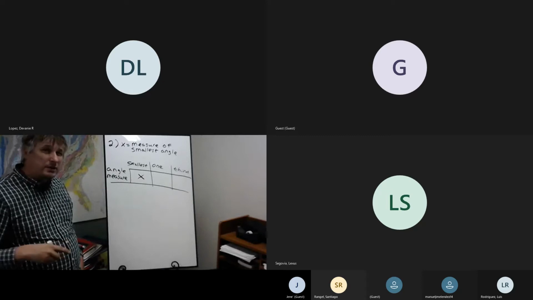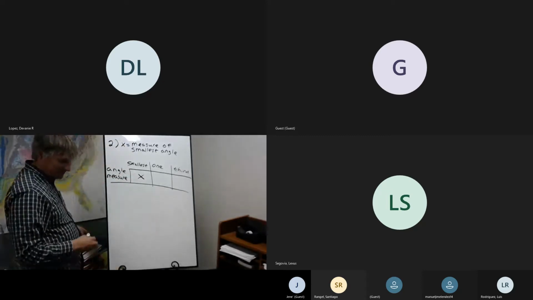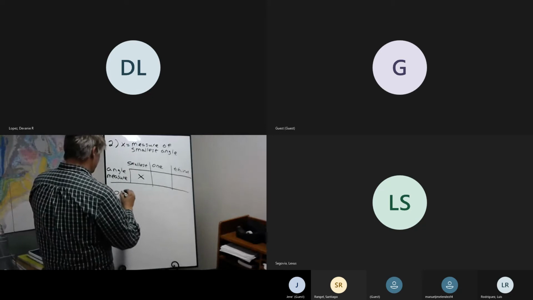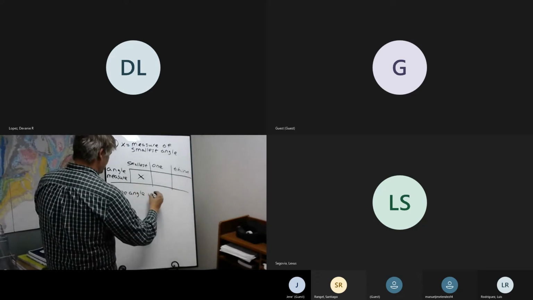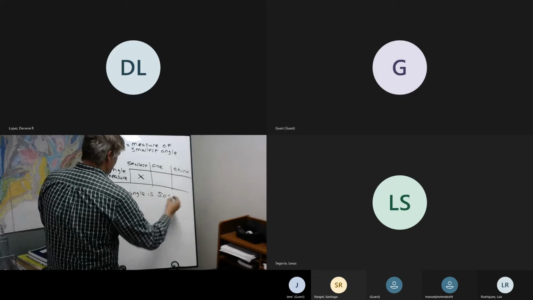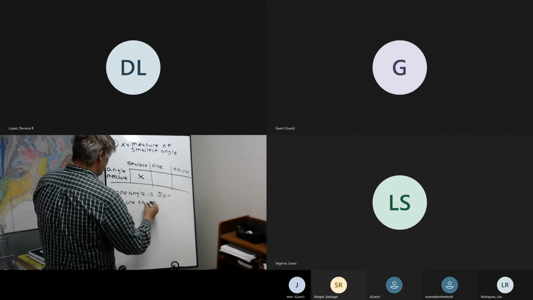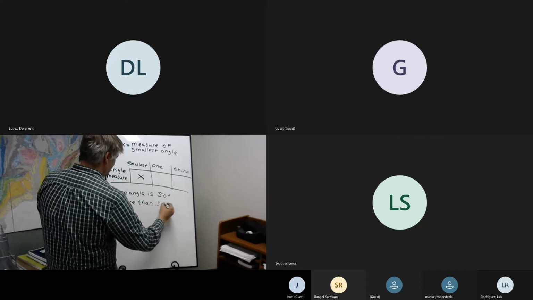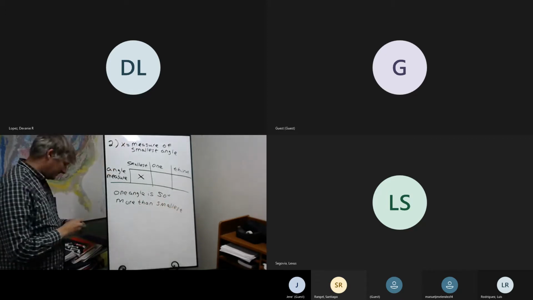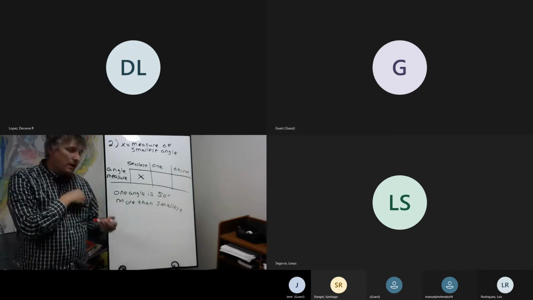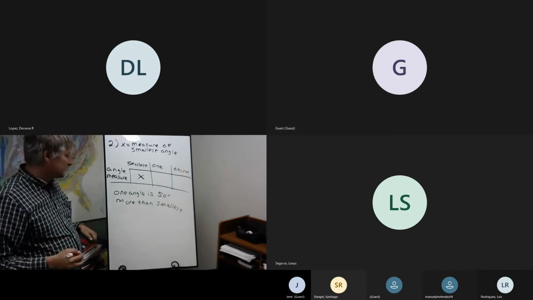Now, for the one angle, we can do some translating to find out a little more. The one angle is 50 degrees more than the smallest.